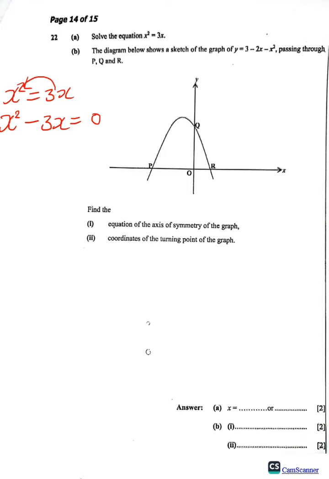Then after you've done this, we need to factorize. So let's look at the common factor here, which is x. Then we divide x into x squared is x, minus x into 3x is just 3, is equal to 0. So the first value here, x is equal to 0.